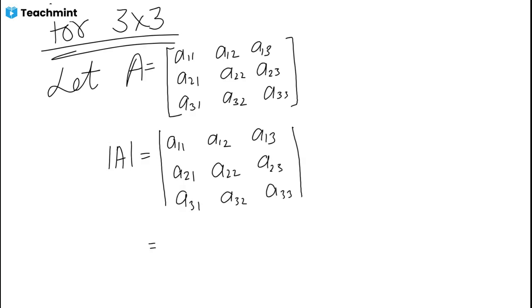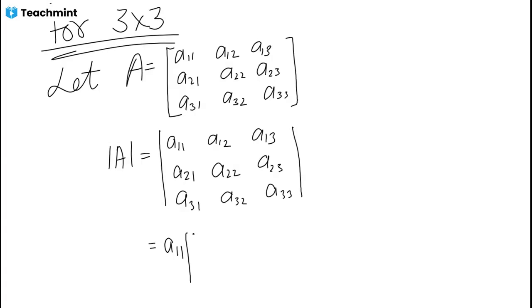So to find the determinant of this matrix, take the first element A11. This is the element of first row and first column.